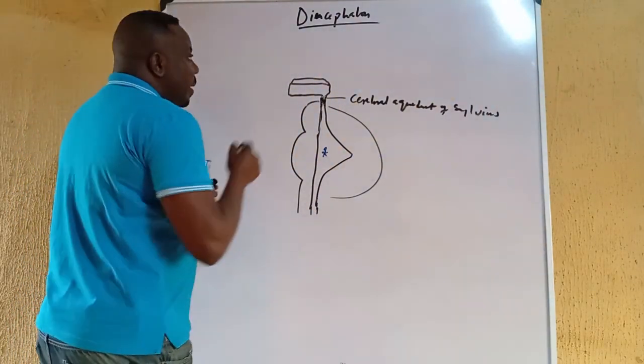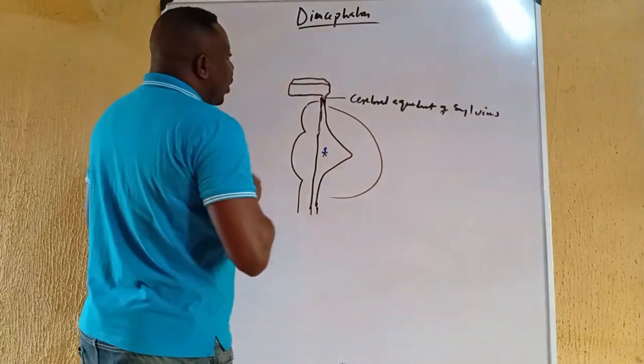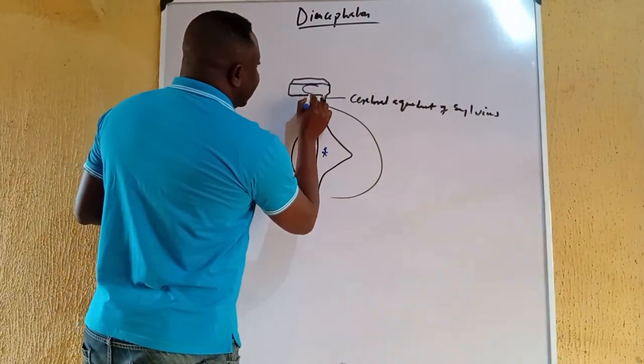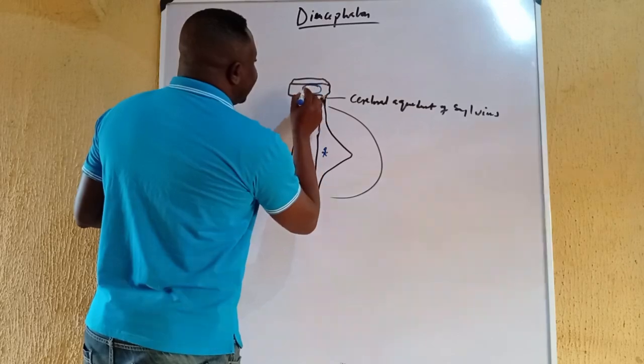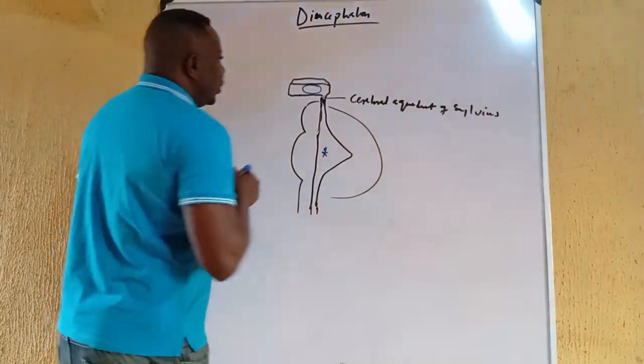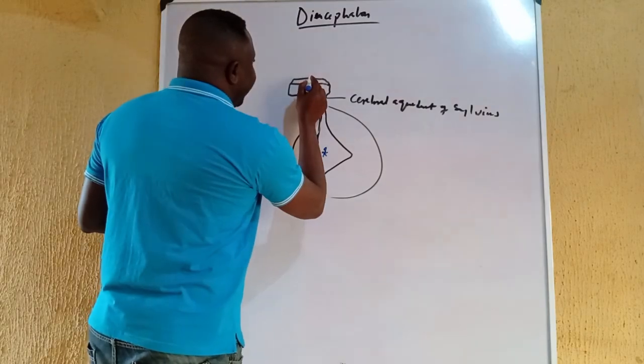Now, by the sides of the third ventricle, we have two structures that are called the thalami. So we have one here and we have another one here.